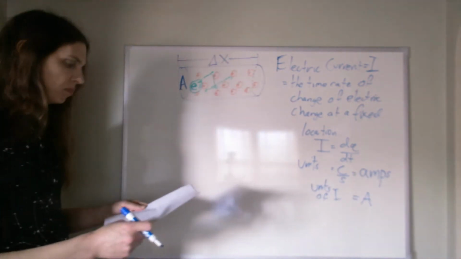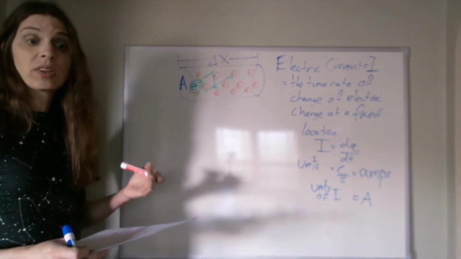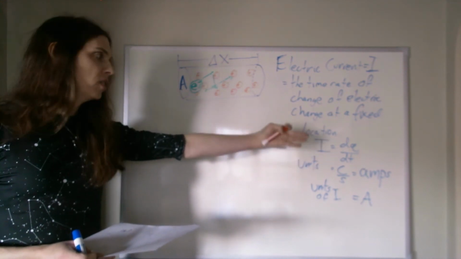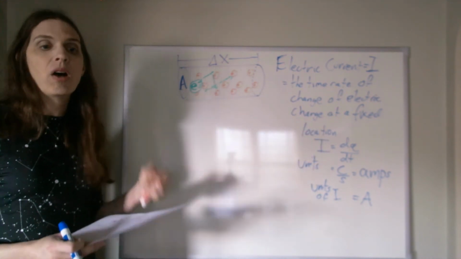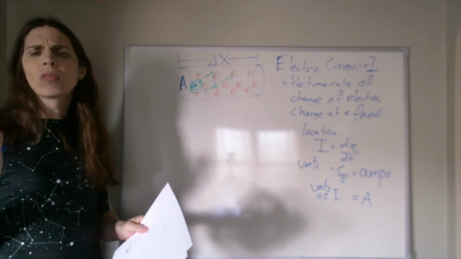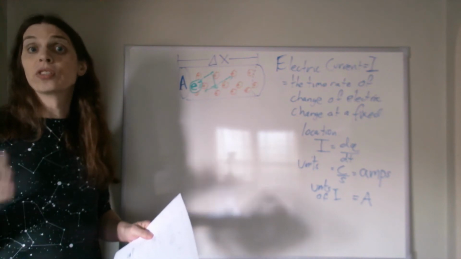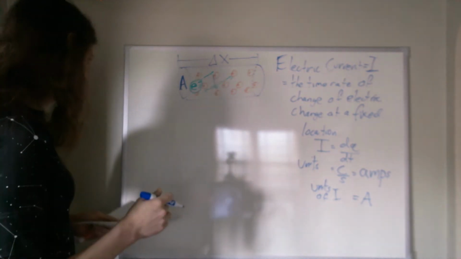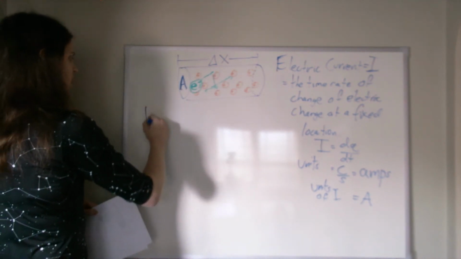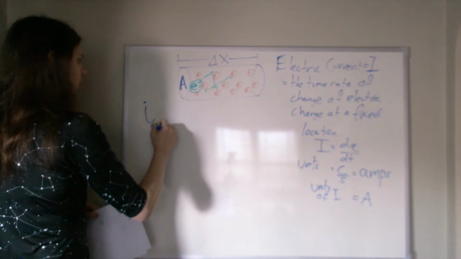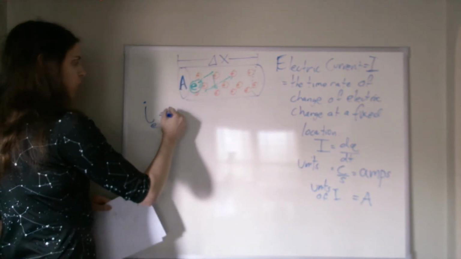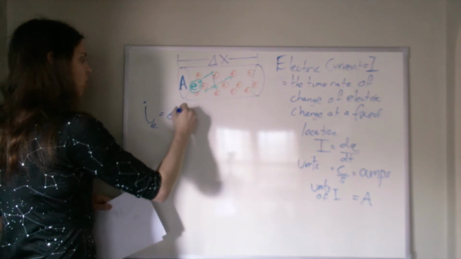Anyway, so we're going to express this idea of electric current and motion of charge in general, first by taking a look at the motion of the individual charges, the electrons in this case. So we're going to define another quantity here, lowercase I sub e, which we'll call the electron current.